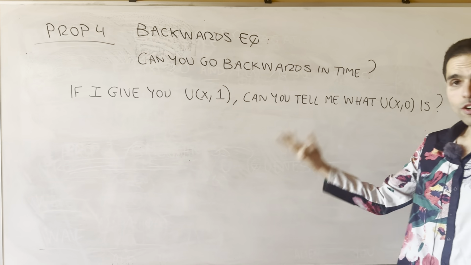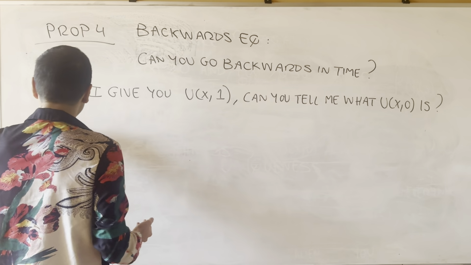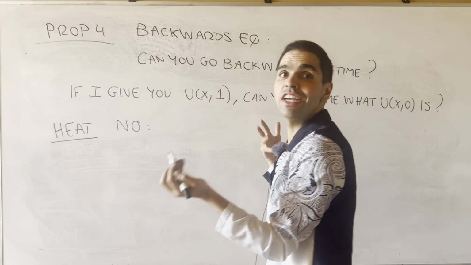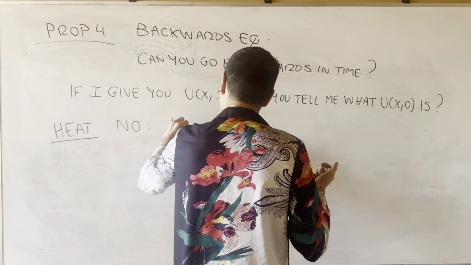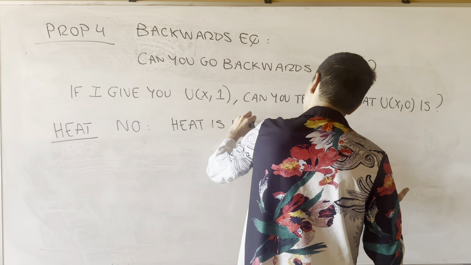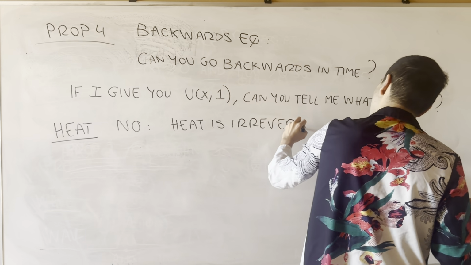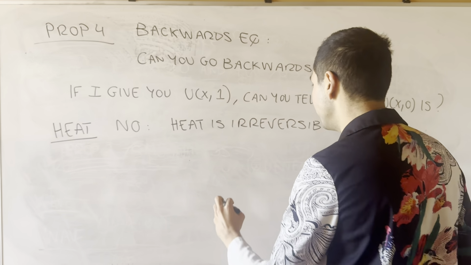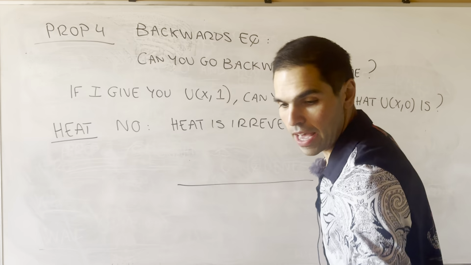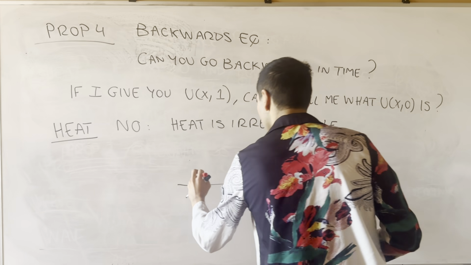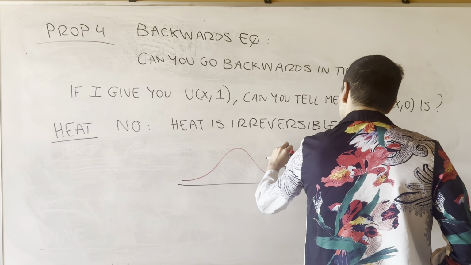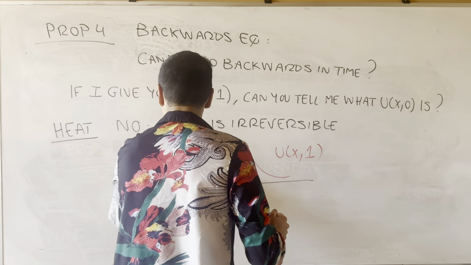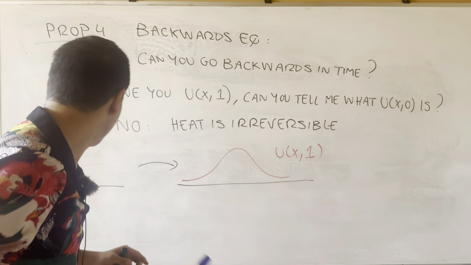And for the heat equation, remember, the answer is no, because the heat equation is generally irreversible. So, in other words, if I tell you what the heat is at time 1, u of x,1, in general, there's no way of figuring out what the heat is at time 0.